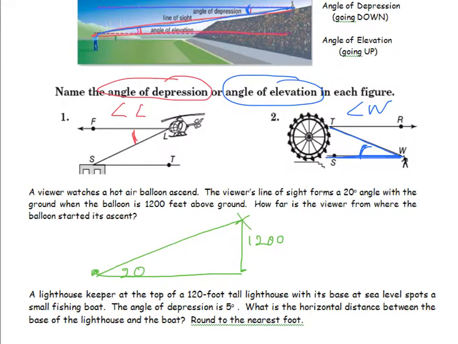How far is the viewer from where the balloon started? Well, that distance from here to here is what we're looking for. We'll notice that this forms a right triangle, and we'll call that Y. We can use a trig ratio to solve for that missing side.